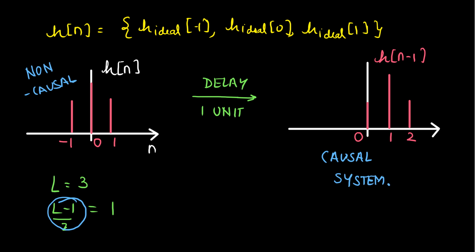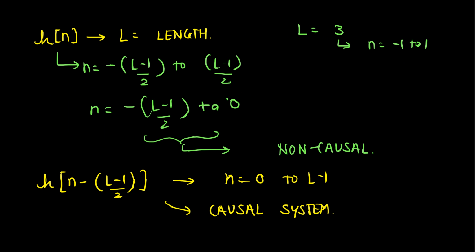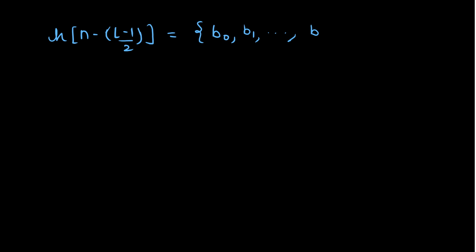So the claim that we had made, that by shifting this h of n, or the truncated version, by (L minus 1) by 2 units, will result in a filter that has values from n equal to 0 to L minus 1, and hence we get a causal system. Now suppose this h of n minus (L minus 1) by 2 has the coefficients represented by a sequence, say b0, b1 and so on up to b of L minus 1.